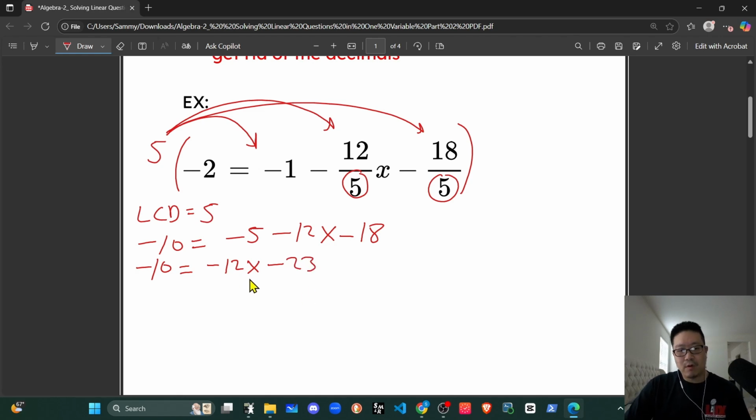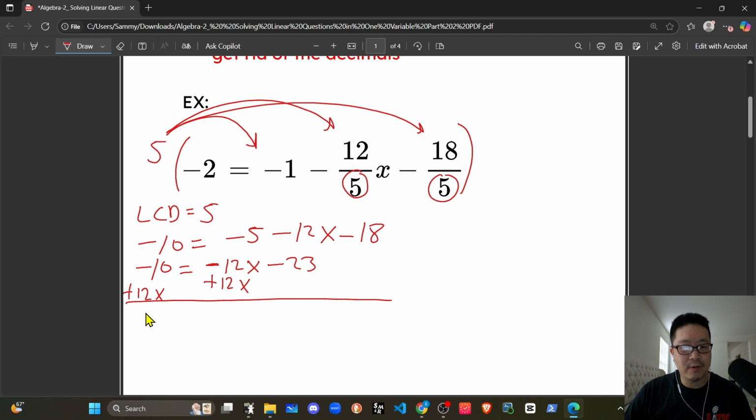And again, at this point, we can just solve for the unknown by isolating x. I want my variable on the left side, so I'm going to add 12x to both sides. If we do that, we get 12x minus 10 equals, so these 12x's cancel out, and we get negative 23. Now what we have to do is move our negative 10 to the right side, and we can do that by adding 10 to both sides.